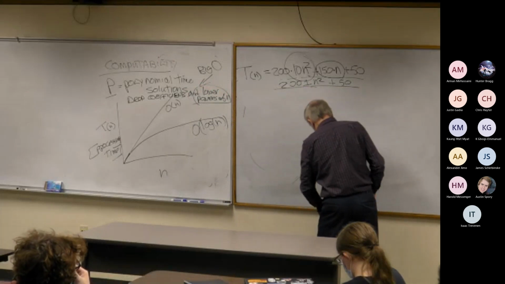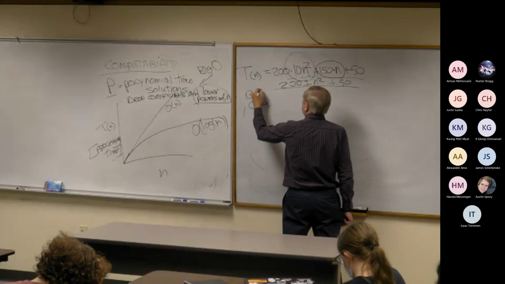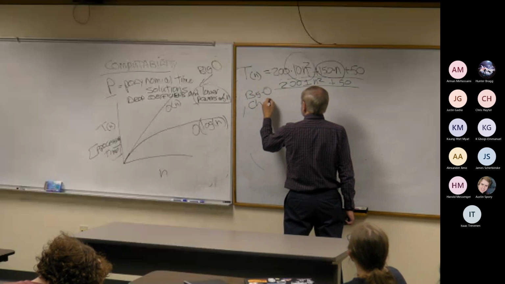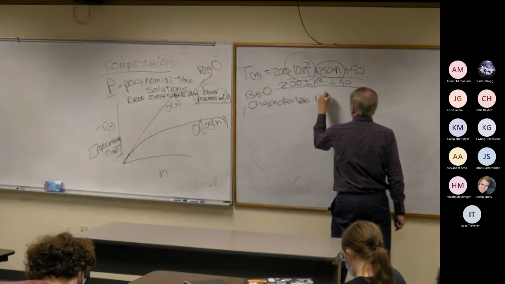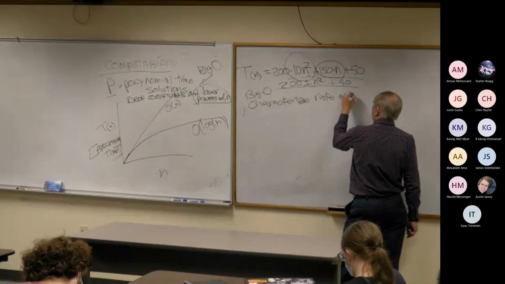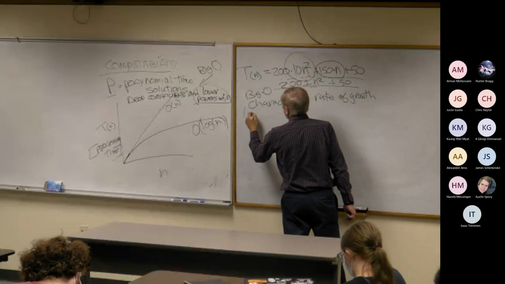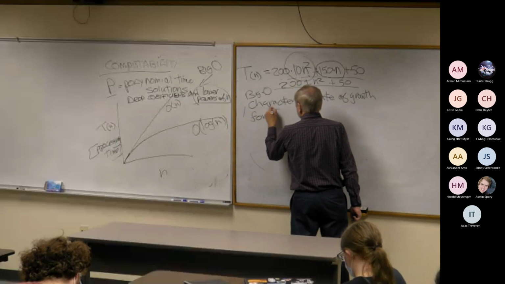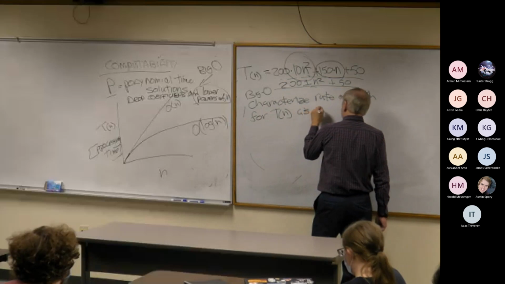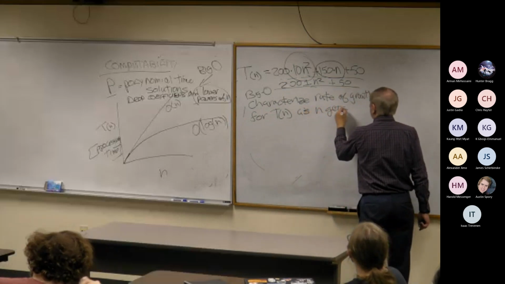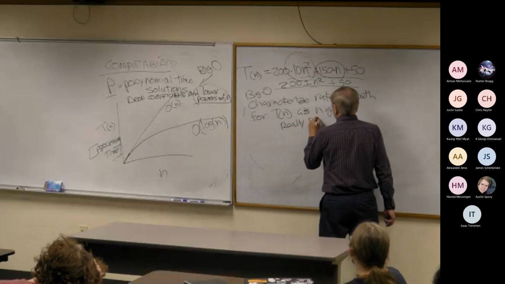So the whole point of the big O notation is to characterize the rate of growth for the time factor t of n as n gets really big.